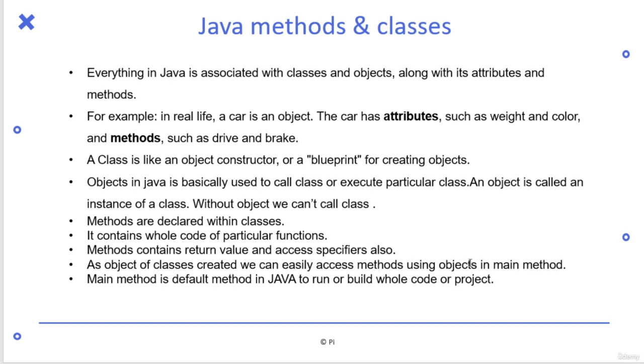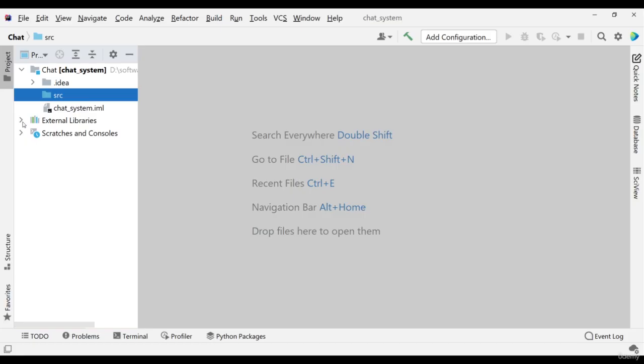So before going further, let us create three Java classes here. One is our server, one is our client, and one is our message. For that purpose, right click on SRC. Sometimes it will take time to load.